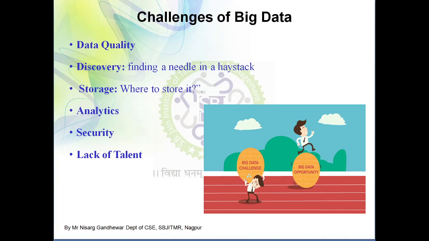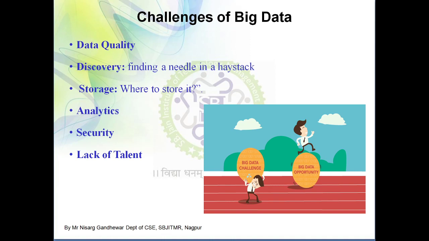Whenever you use data for analysis, suppose the data is not authenticated, not well pre-processed, contains outliers or has missing values, then this kind of data will not be useful for analytics purposes. So the quality of the data that we gather is very important.